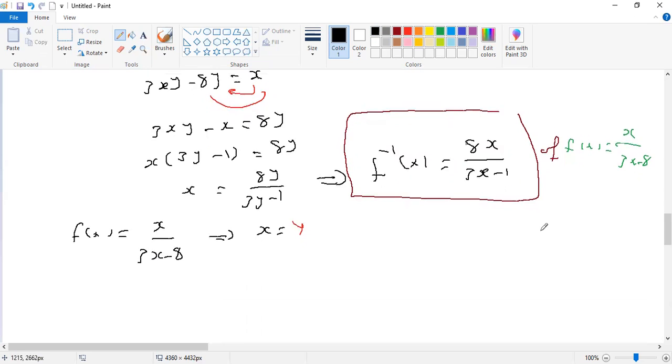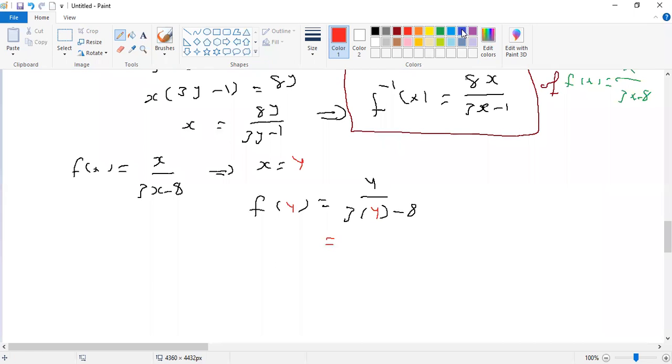What is f of 4? F of 4 is equal to 4 over 3 times 4 minus 8. So equal to 4 over 12 minus 8. 12 minus 8 will be 4.